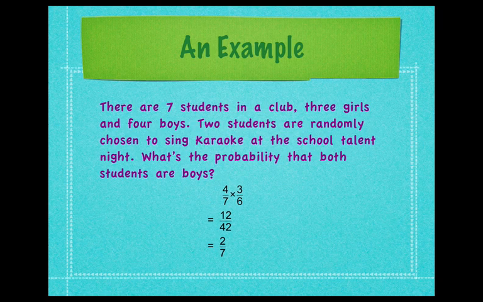For the second boy, we are now left with 3 boys and 6 students. So we're going to multiply 4/7 times 3/6. Hey, you know what? I don't know how to multiply those fractions. So you need to multiply the numerators and multiply the denominators straight across. And then how did you get from 12/42 to 2/7? I had to reduce.